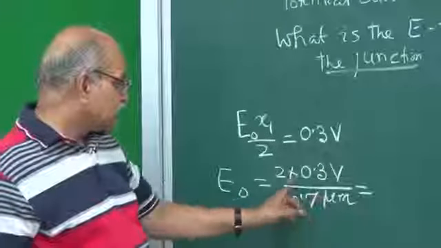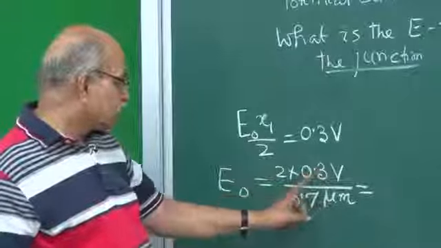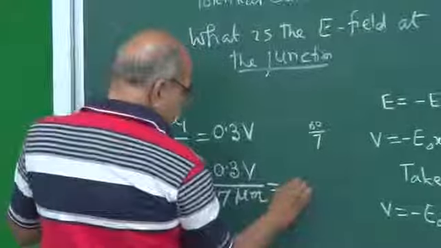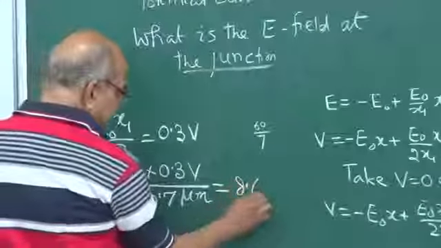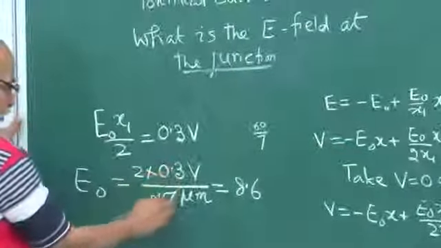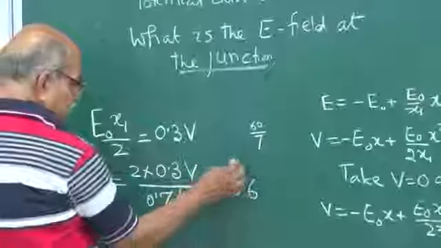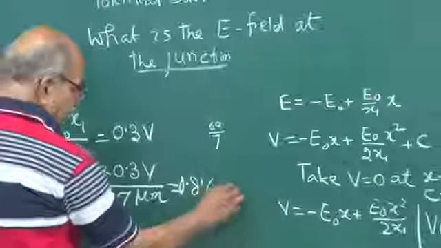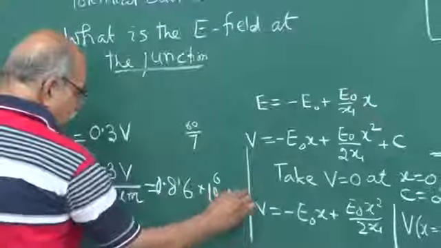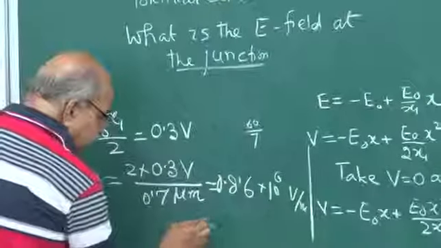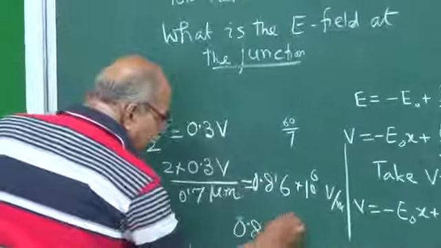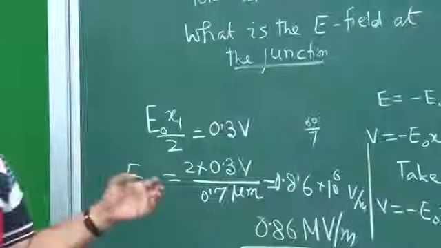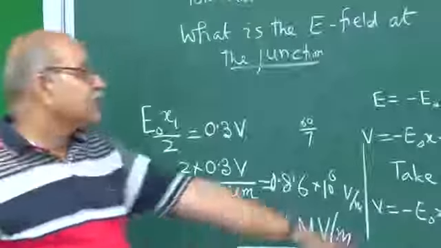This is 10 to the power 6 here, 0.6 over 0.7, that is 60 by 7, that is 0.86, times 10 to the power 6 volts per meter, or 0.86 megavolts per meter. That's the maximum magnitude of the electric field which exists at the junction.